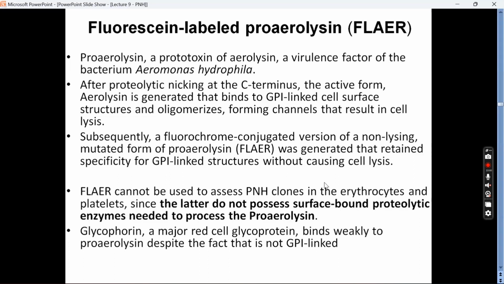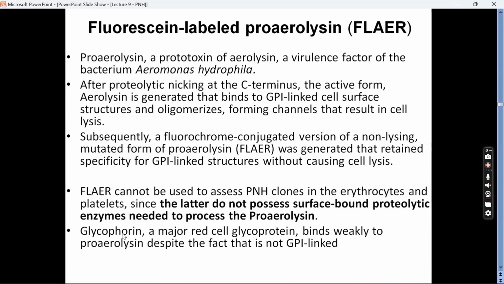Okay, so this surface-bound proteolytic enzyme which is present in WBC is not present in RBCs. So you cannot use FLAIR for the diagnosis of PNH in RBCs. Okay, you can use in WBCs, but you cannot use in RBCs because RBCs do not possess that enzyme which is needed for the conversion of pro-aerolysin to aerolysin.